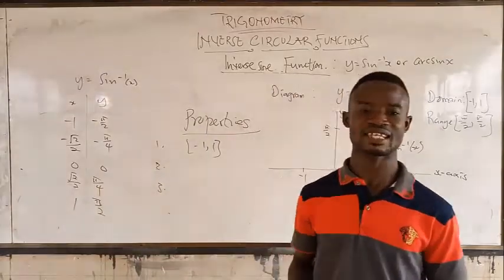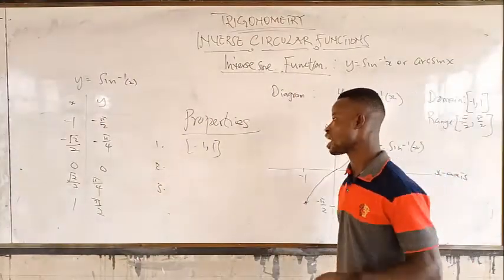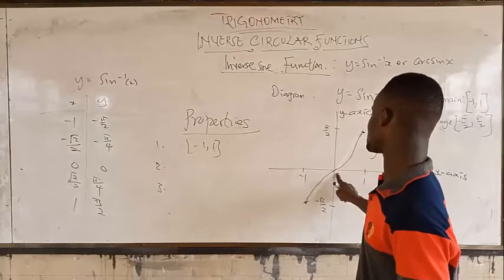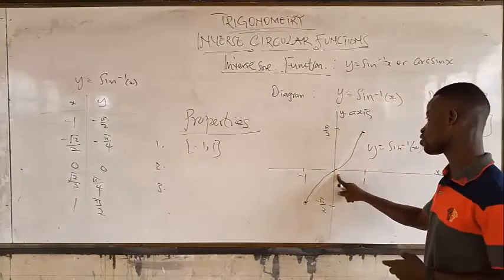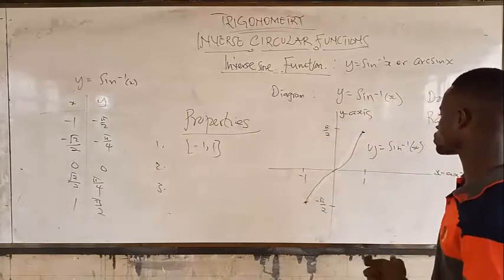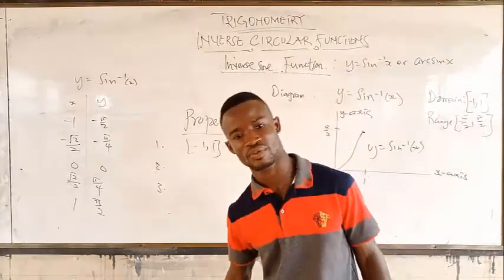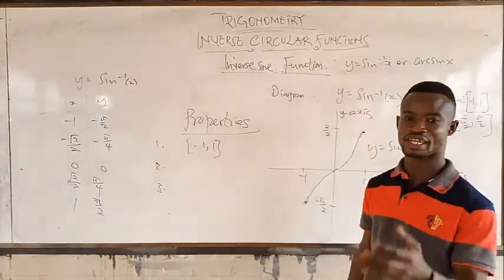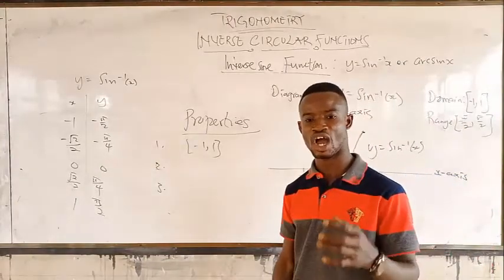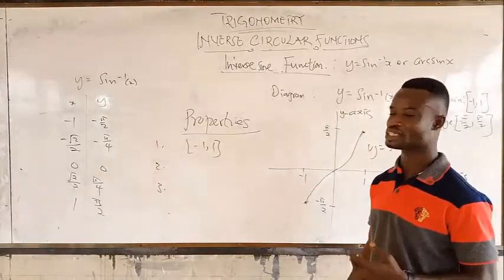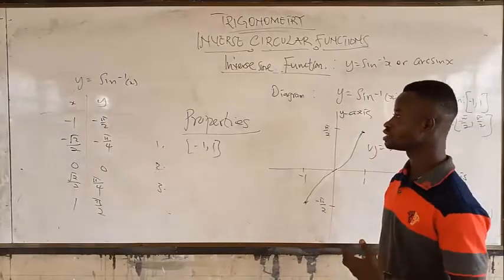Its x-intercept is 0 and y-intercept is 0. So you see that the x-intercept is 0 and the y-intercept is also 0. 3. Its graph is symmetric with respect to the origin. Therefore, it is an odd function.